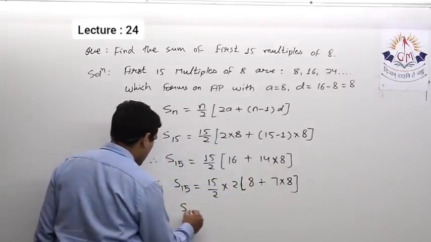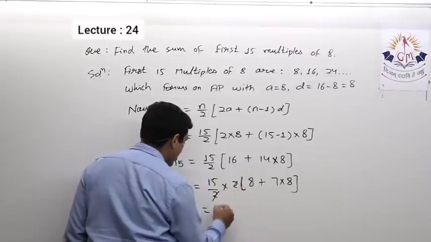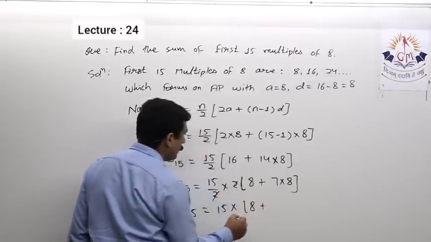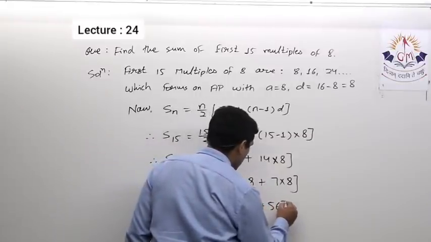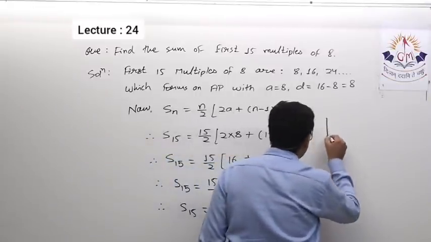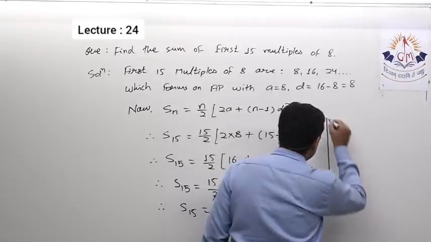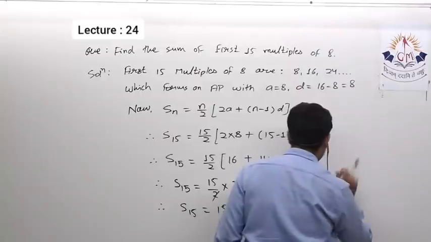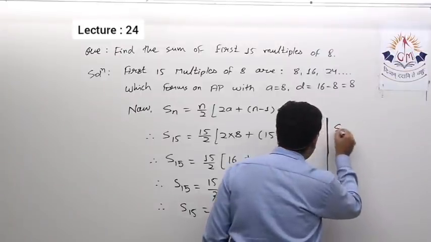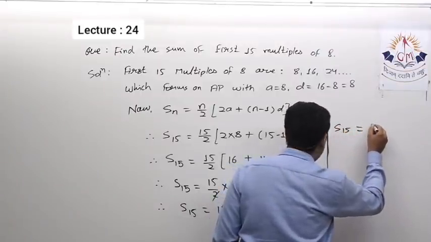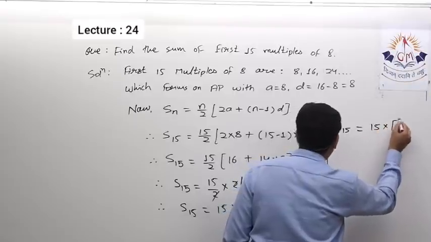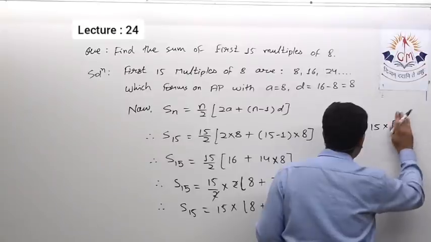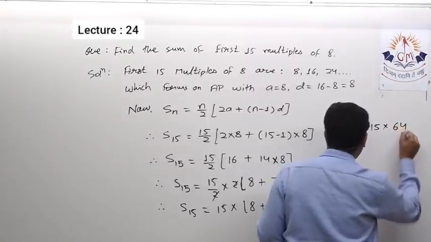So S15 is equal to, I can cancel these two, 15 multiplied by 8 plus 56. So finally here I am going to get the final answer. S15 is equal to 15 multiplied by 64.